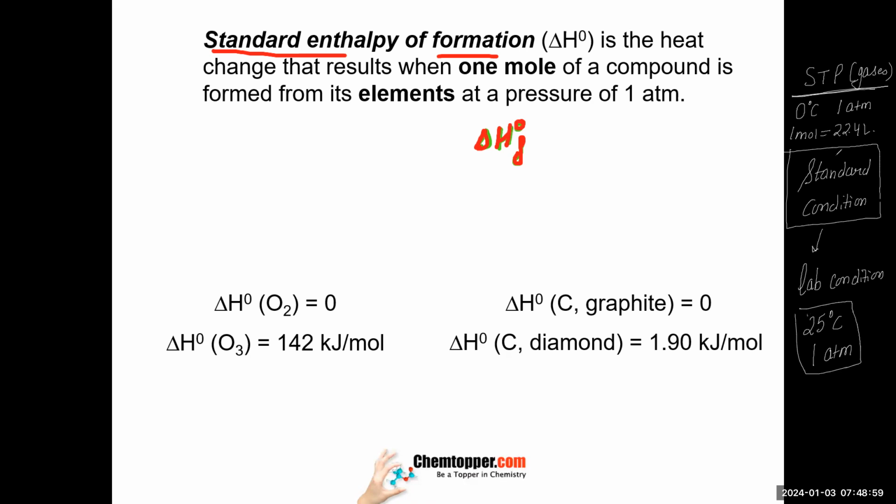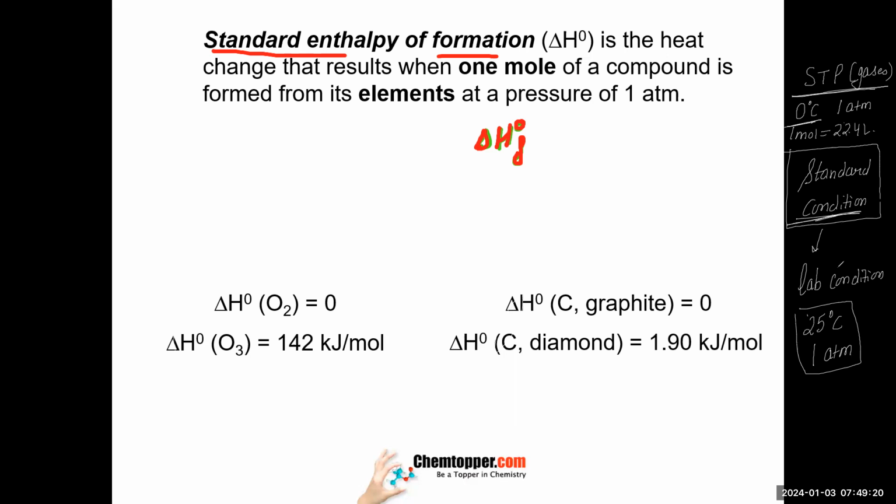You cannot work at 0 degrees Celsius. Can you keep the temperature of the lab at 0 degrees Celsius to carry out your experiment? Why should you? You keep room temperature, comfortable temperature, 25 degrees Celsius. So all these values which are written here are under standard conditions.